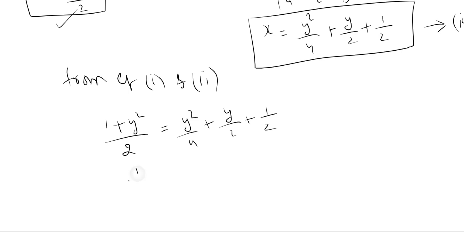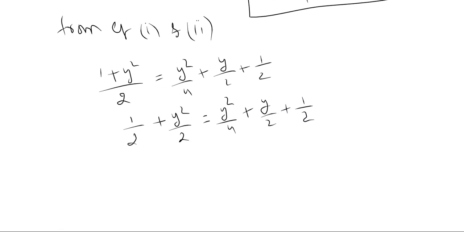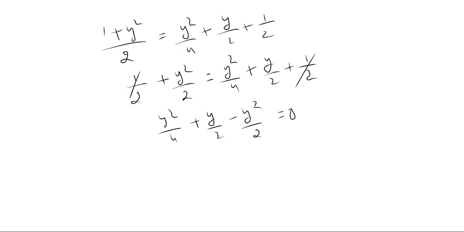Here you elaborate this, that is 1 by 2 plus y square by 2 is equals to y square by 4 plus y by 2 plus 1 by 2. Here 1 by 2 and 1 by 2 will get cancelled, and we are left with y square by 4 plus y by 2 minus y square by 2 is equals to 0.